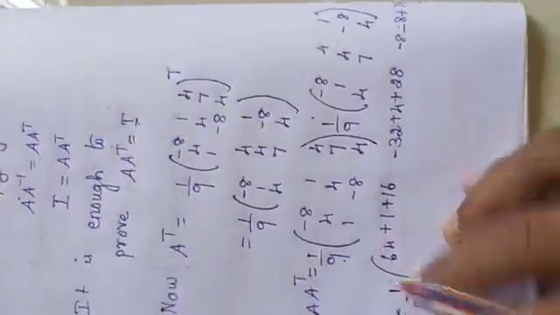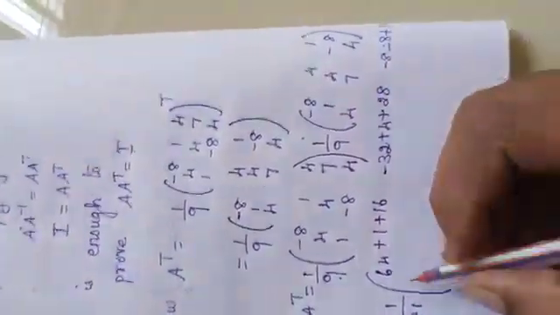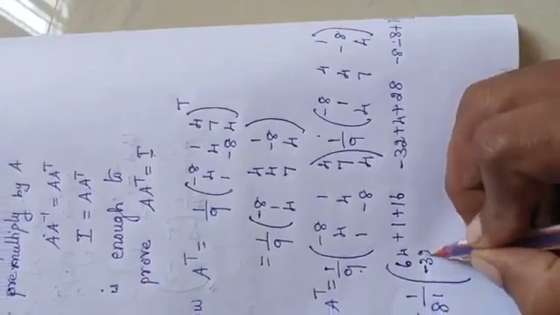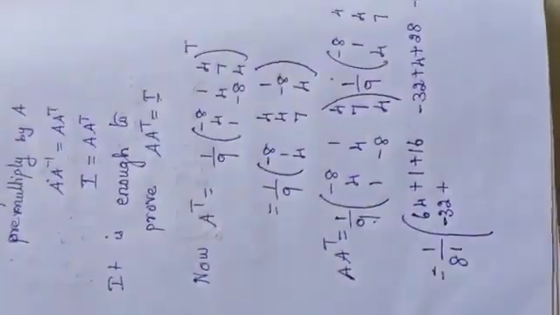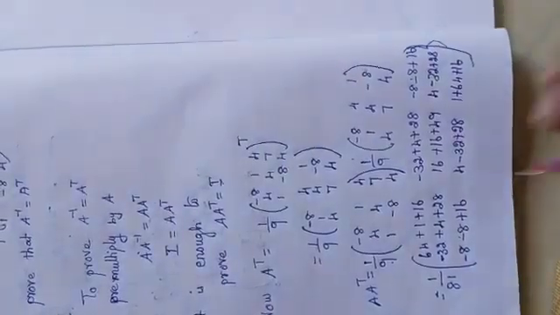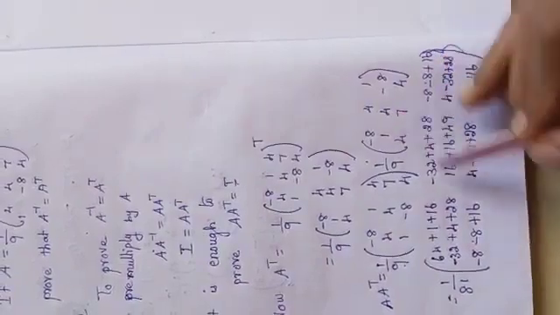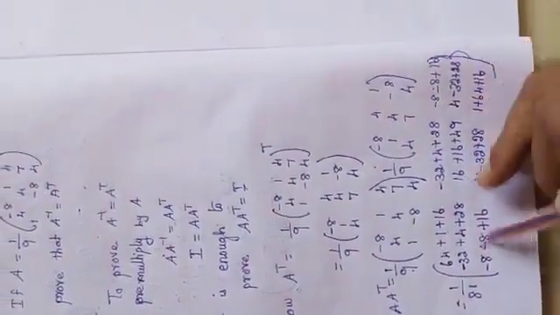See here, now the second row: 4 into minus 8, minus 32, plus 4, plus 28. Since you know the matrix multiplication, I have written all the values. Now shall we simplify it?